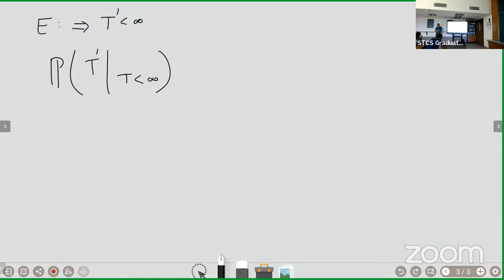It lies in a very complicated fashion. I just want to know the full distribution of T prime, given that T prime is finite. That is all I want to know.